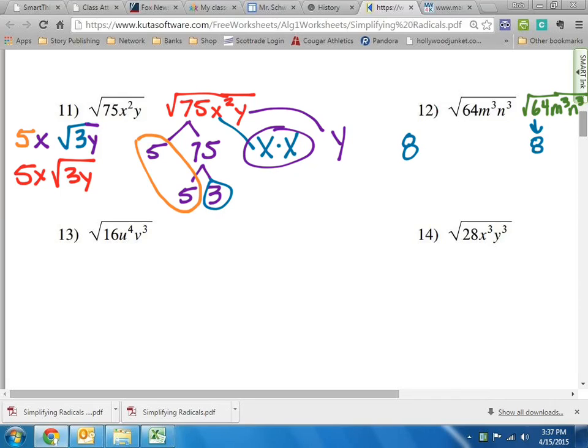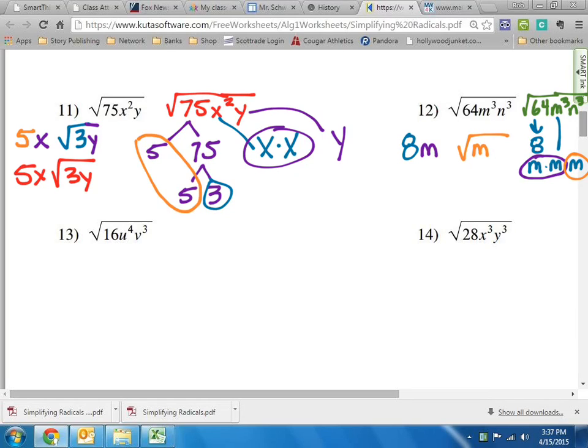So 8 just goes on the outside. And m, I have 1, 2, 3 m's, because m to the third. So I have a pair I could pull out right here. I have 2. But I notice that 1 is still inside, because I only have 1 left there, so I need to put a radical here and put an m.